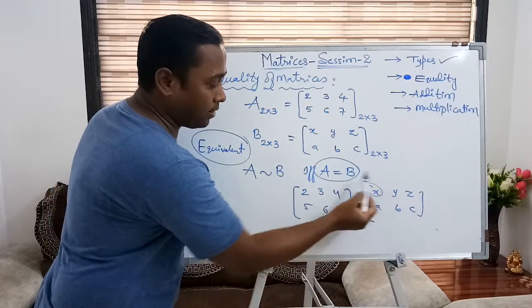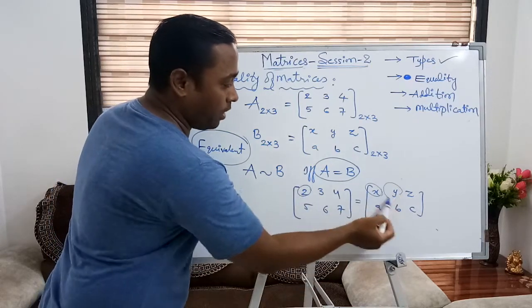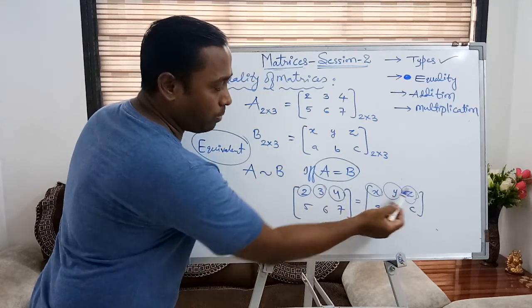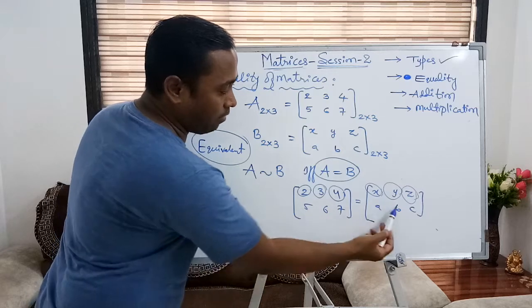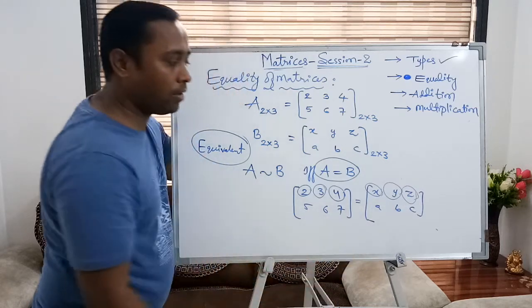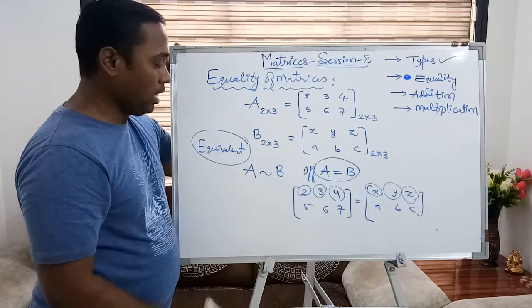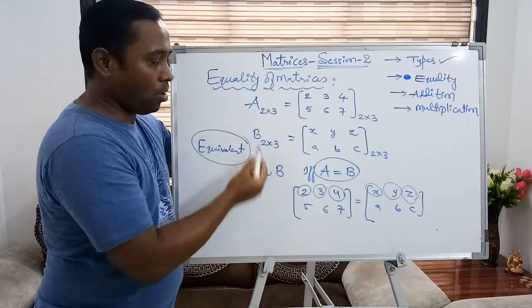The value of x is 2, value of y is 3, value of z is 4, a will be 5, b will be 6, c will be 7. So this is the concept of equality of matrices. So equivalent matrices means only their orders are the same.